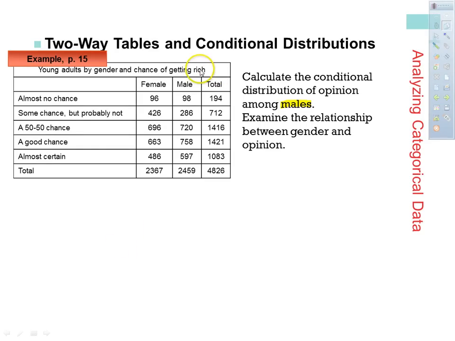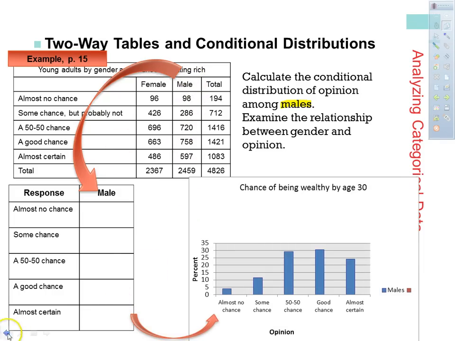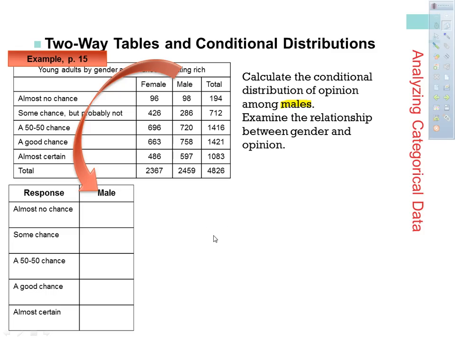We want to break down each gender, so that suggests to us using the columns, okay?